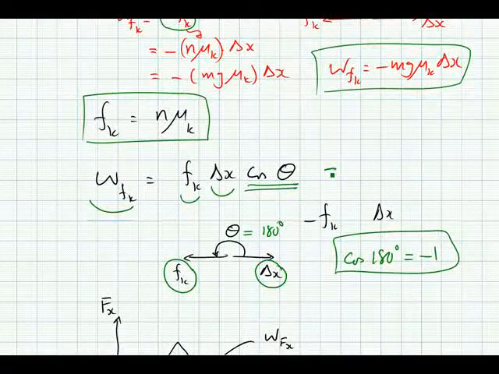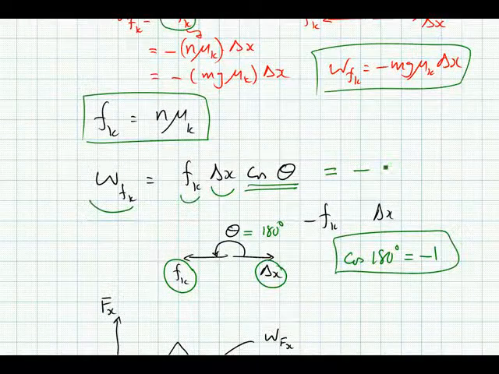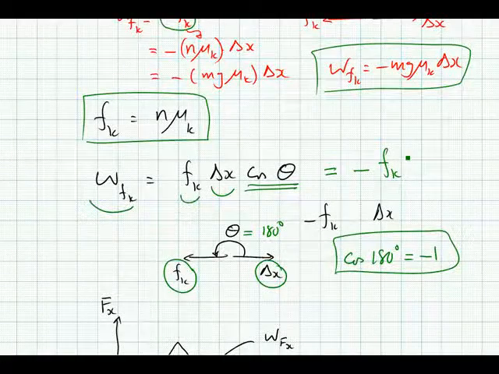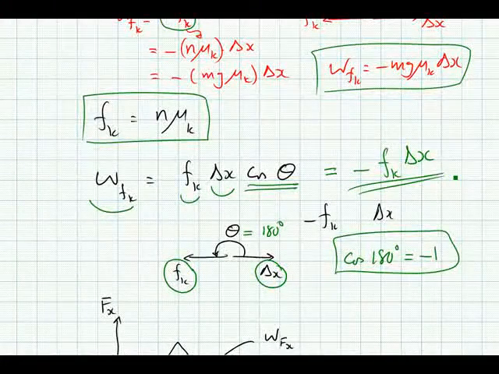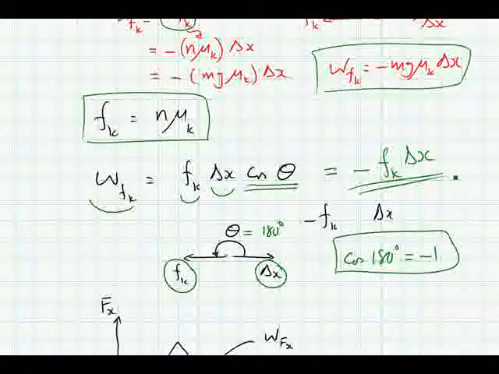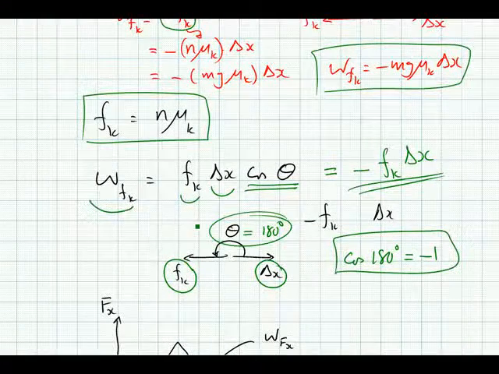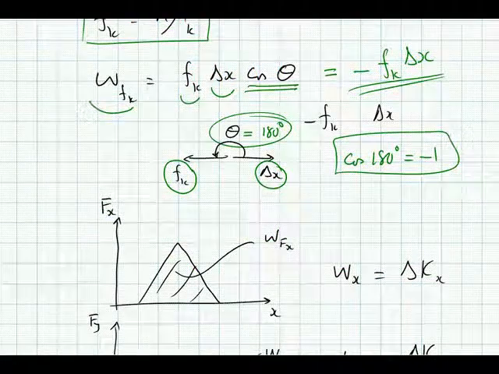Therefore work done by friction force is negative of the magnitude of Fk times delta x. Okay, so kinetic friction force is always opposite in direction to displacement. That's why cosine of 180 is -1.